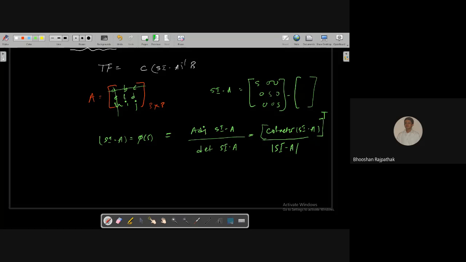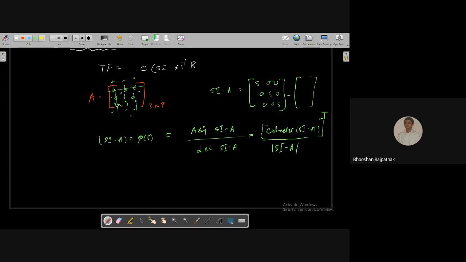Similarly, if you are finding the cofactor of s, then this particular row and this column you will delete, and then the remaining elements' determinant you will find. And not only that, you will multiply by either plus 1 or minus 1. So the first element is plus, then minus, then plus. Similarly, then minus, plus, minus, and then again plus, minus, plus.